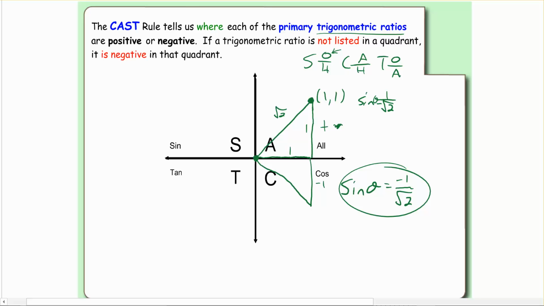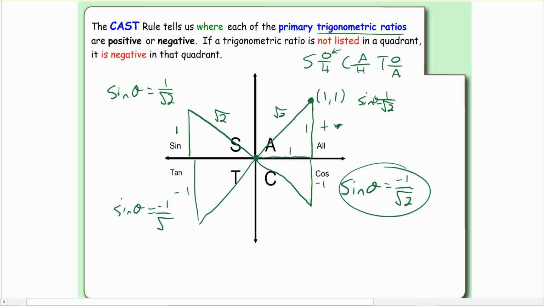It would also be positive over here, because I'm going to have positive 1 coming up and still root 2, so sine theta is 1 over square root 2, positive. Down here, I'd have negative 1 coming down, so sine theta is equal to negative 1 over square root 2.